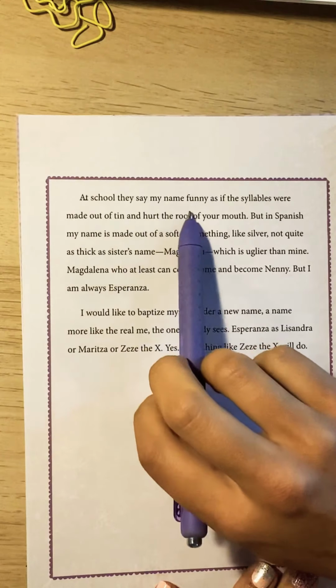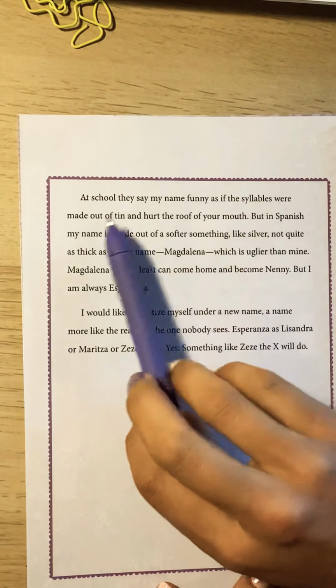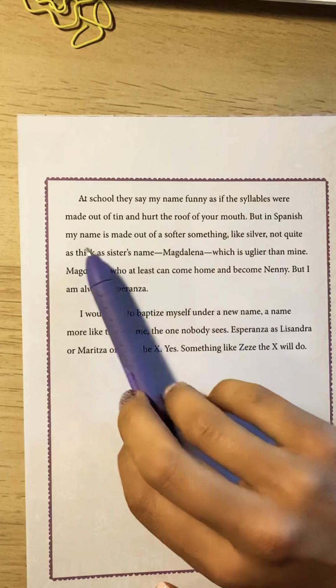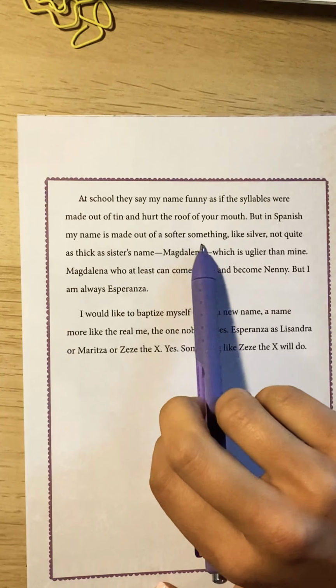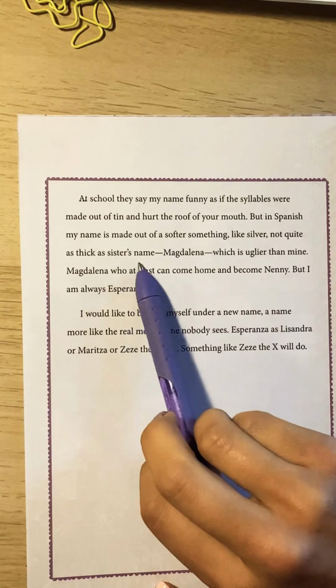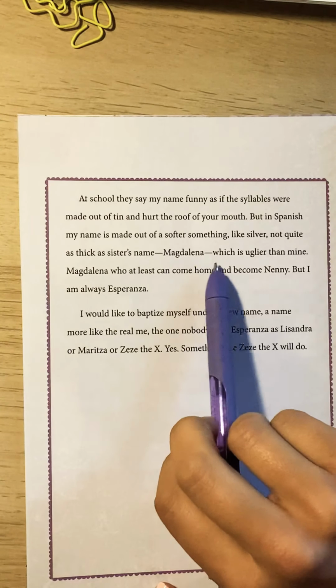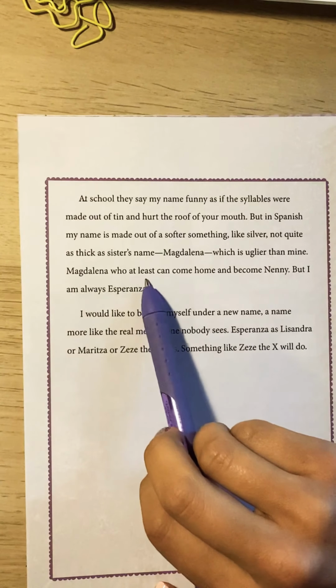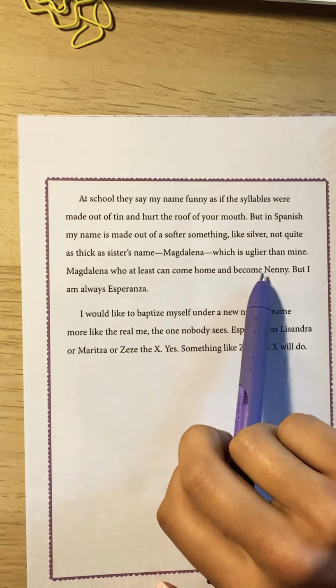At school they say my name funny, as if the syllables were made out of tin and hurt the roof of your mouth. But in Spanish, my name is made out of a softer something, like silver, not quite as thick as my sister's name, Magdalena, which is uglier than mine. Magdalena, who at least can come home and become Nenny.